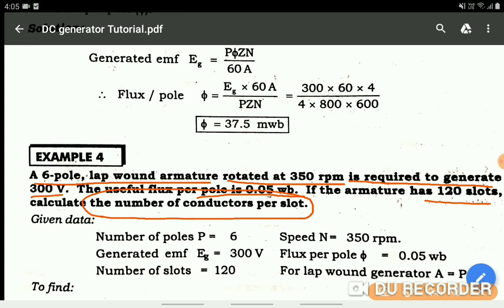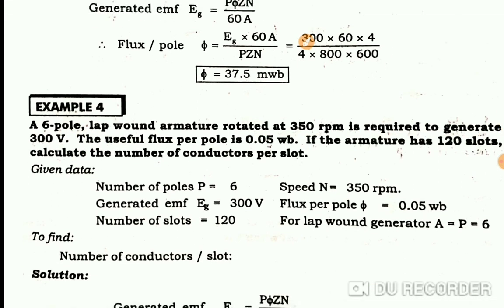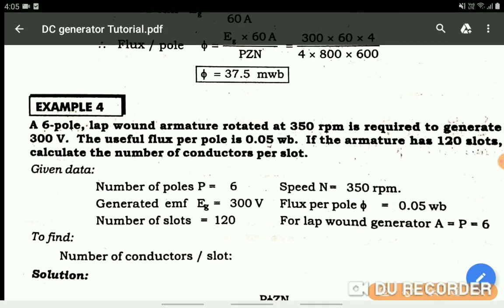So what is asked in the question? Number of conductors per slot. What are all the information given? P equal to 6. It's a lap wound, so what we extracted here is A equal to P equal to 6. The armature rotated at a speed of 350 rpm, speed N is equal to 350.